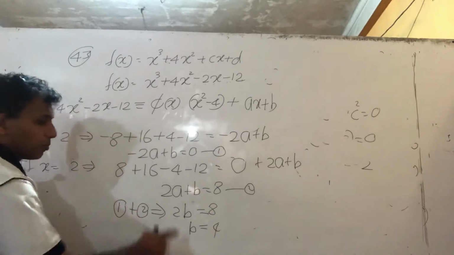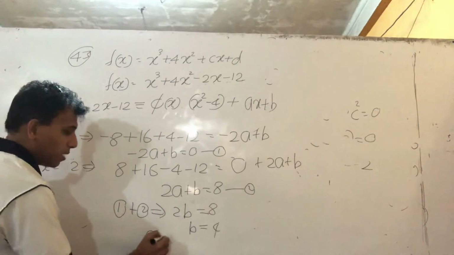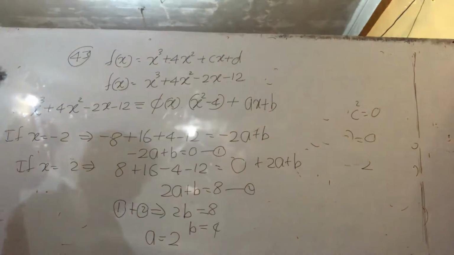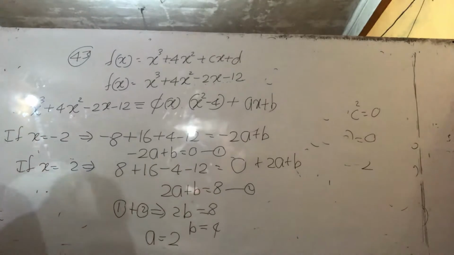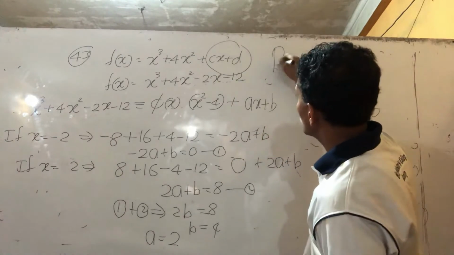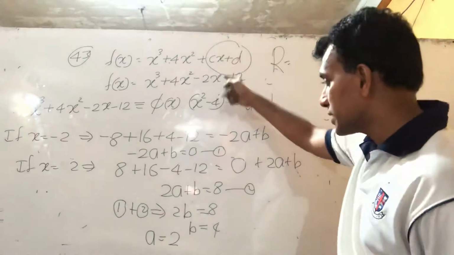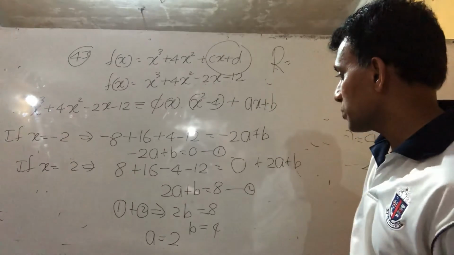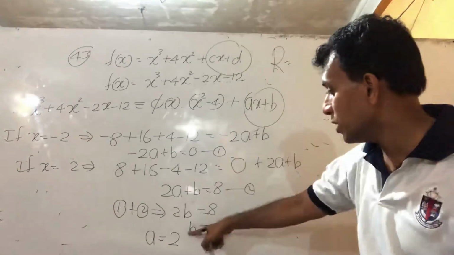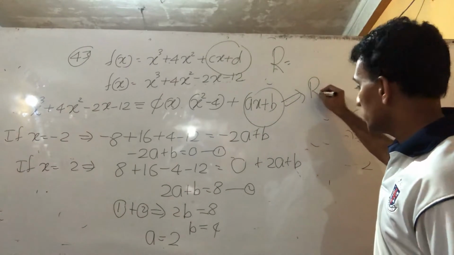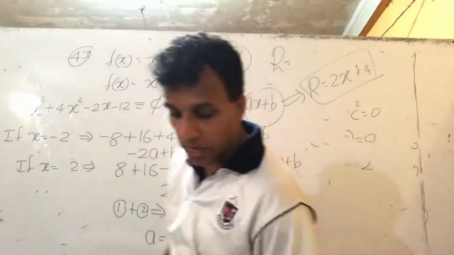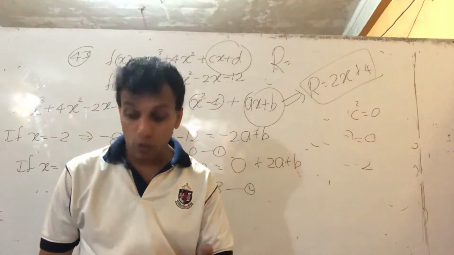Put b as 4, then a becomes 2. So a is 2, b is 4. Therefore the remainder, ax plus b, equals 2x plus 4. That is the answer. Question 43 in my tute 2018.